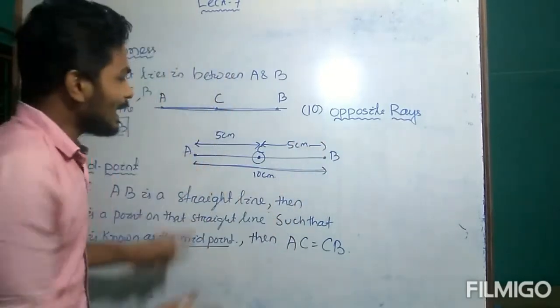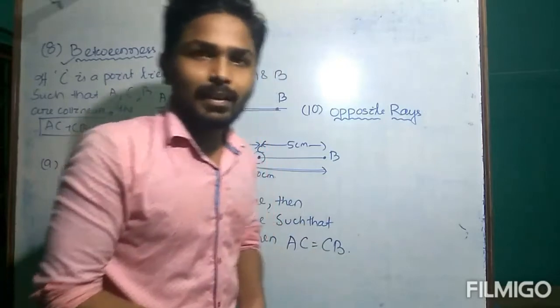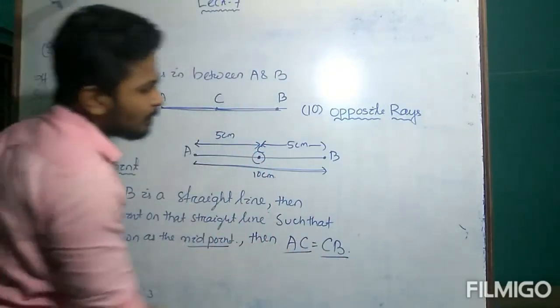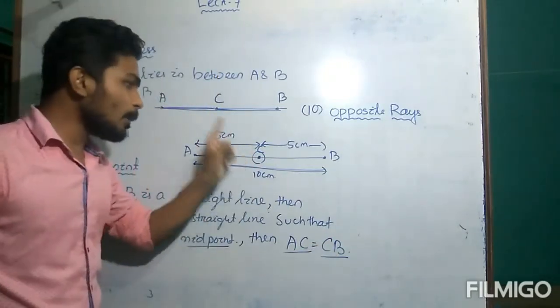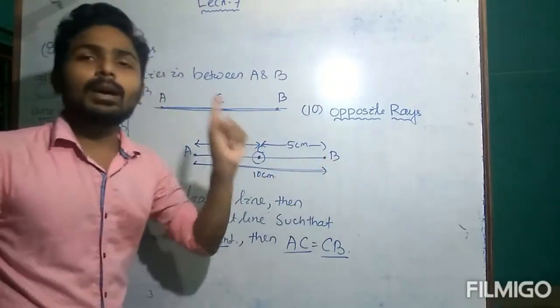So it means the length of AC is equal to the length of CB, right? That's why I am writing the length of AC is equal to the length of CB. Why? Because C is the midpoint. So here the point C divides the line segment into two equal halves.